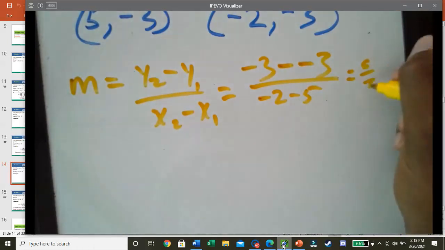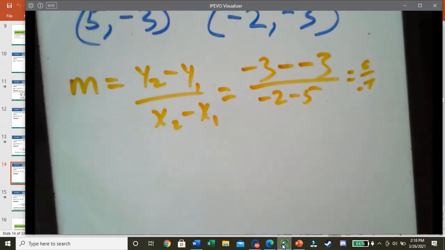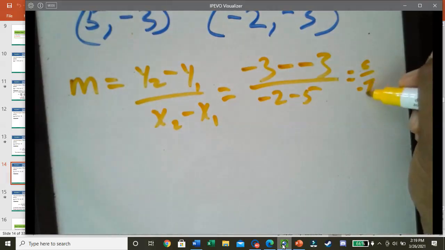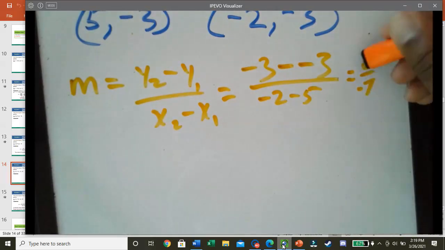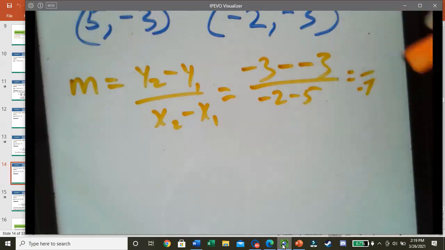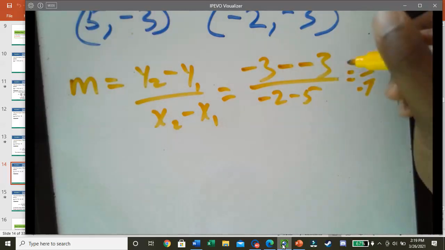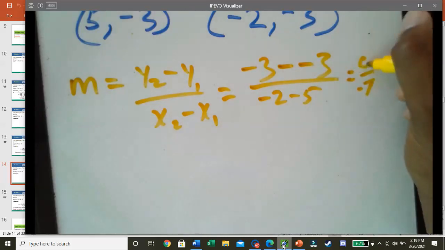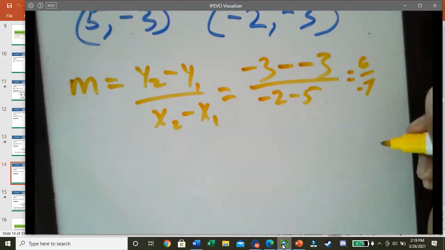Okay, so he's going to get, so what is that, a 6 or a 0? That's a 6. But you got minus and negative, right? Well, hold on a minute now. That's negative 3 plus 3, right?